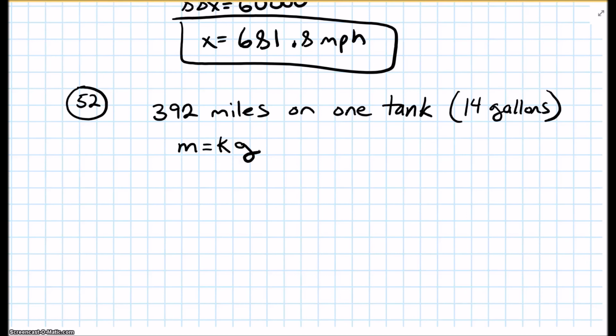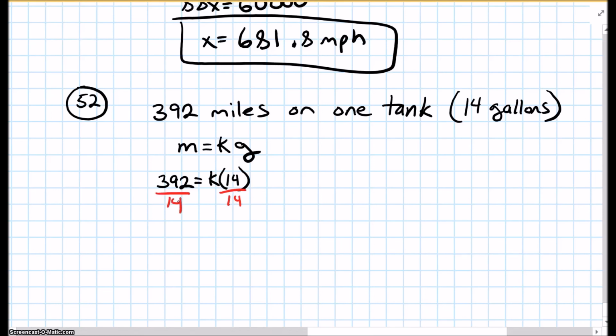You only have enough money to buy 3.7 gallons of gas. How far can you drive before refueling? Okay, so we got to find our constant K. So 392 equals K times 14. Divide each side by 14. You're going to get K equals 28.